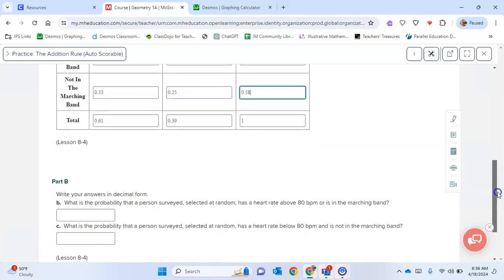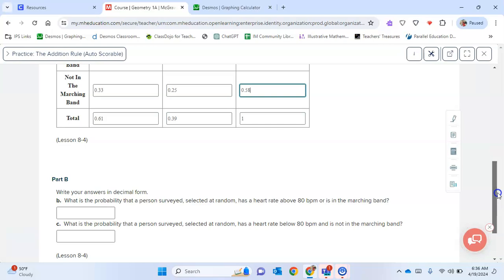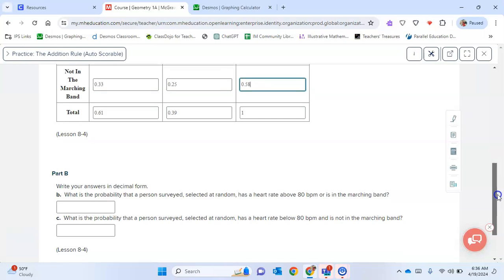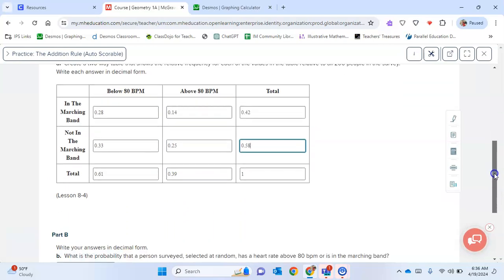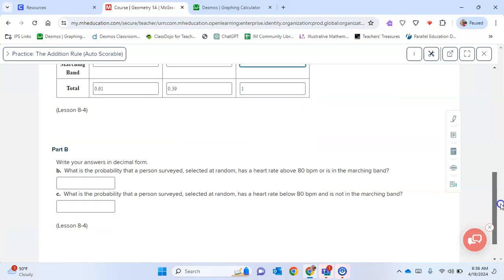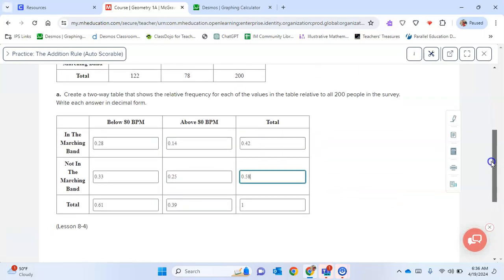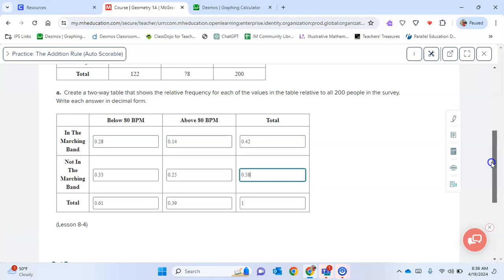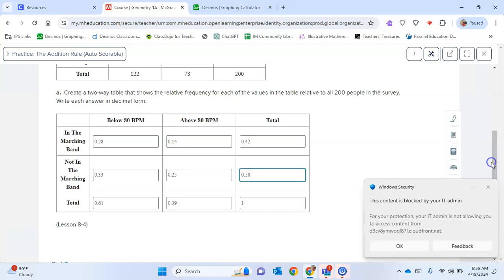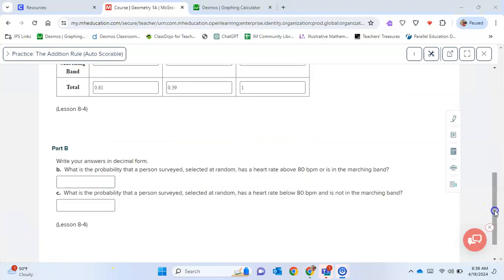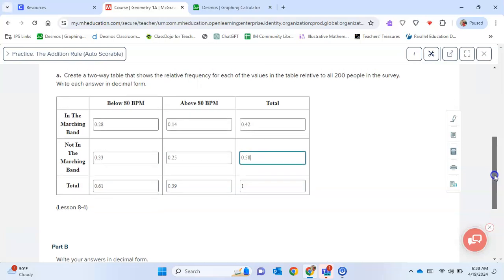Answer in decimal form. What is the probability that a person surveyed selected at random has a heart rate above 80 or is in the marching band? Above 80 would be 14% and 25%.